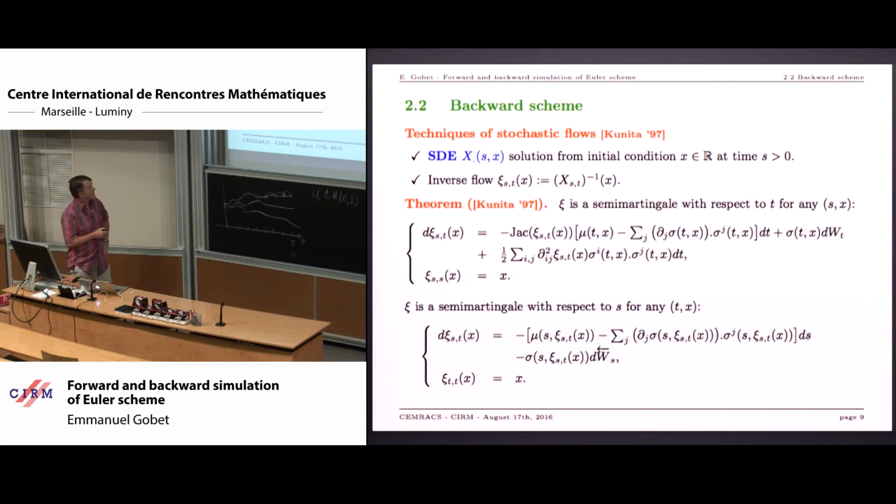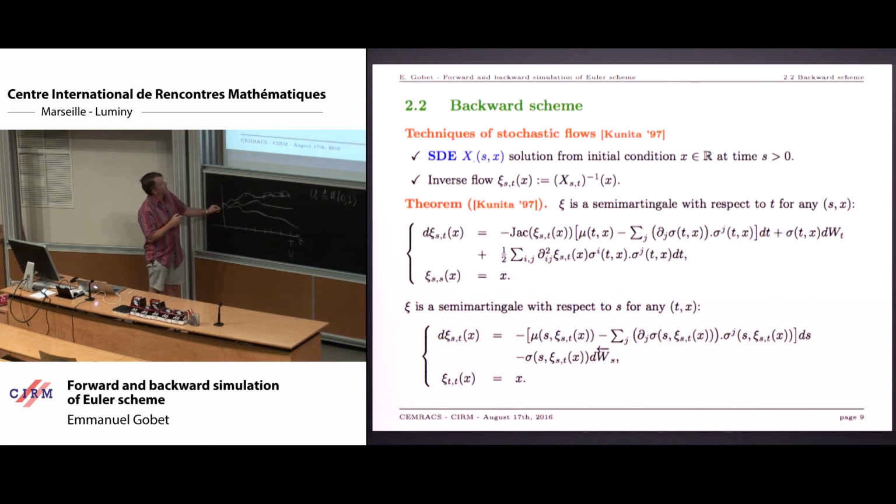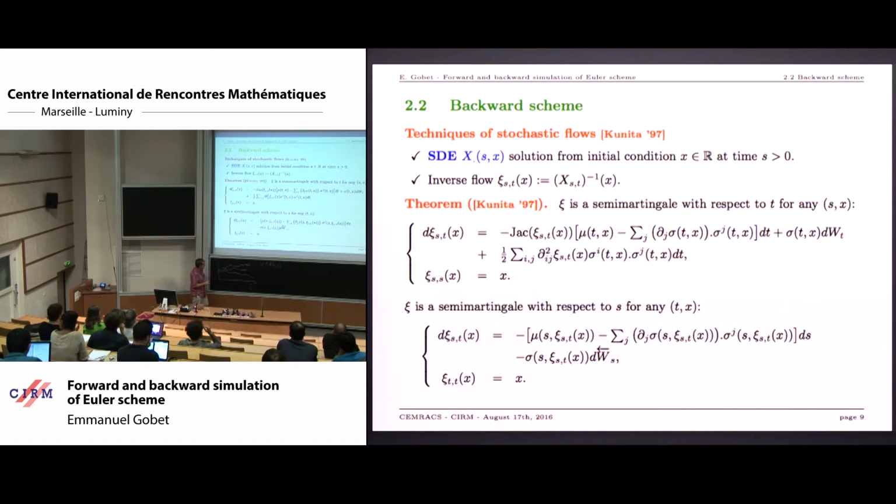There are several semimartingale properties. Either you can fix S, so fix the starting point, and look at the semimartingale property with respect to T, or you can fix T, the terminal point, and look at the semimartingale property with respect to S. So you do both, and of course you obtain two equations.